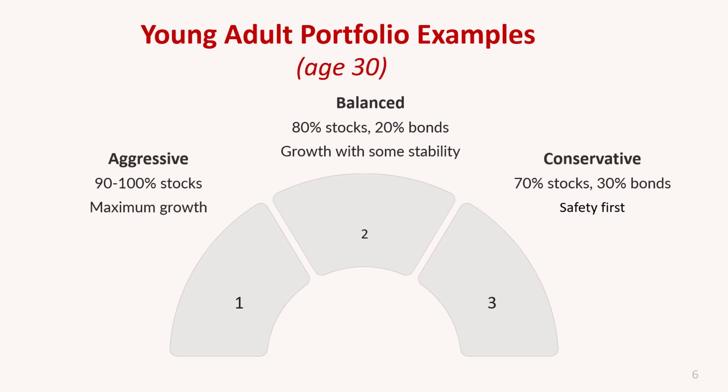Aggressive, they will be in 90% stocks. Moderate, they will be 80% stocks and 20% bonds. And conservative, you will be in 70% stocks and 30% bonds. You have to determine what your risk tolerance is. And then you can use that chart to get the allocation that's best for you.